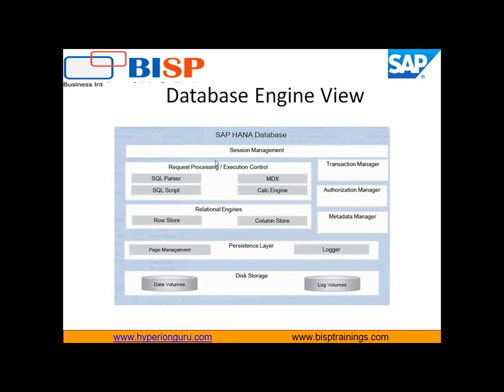Let us talk about the persistence layer. The persistence layer provides high availability: in case of failure or system restarts, we need to recover the data which has to be updated in the database.